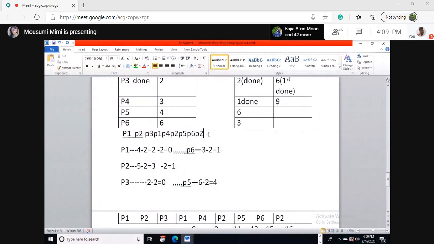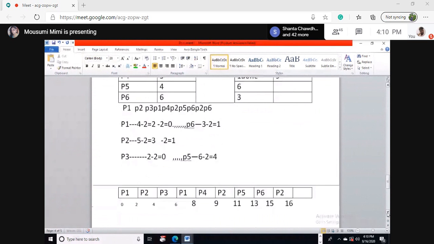So I will again take process 6. The time quantum is 2 and the remaining time is 1, so it completes its task within it. So process 6 is also done. 16 plus 1 equals 17.